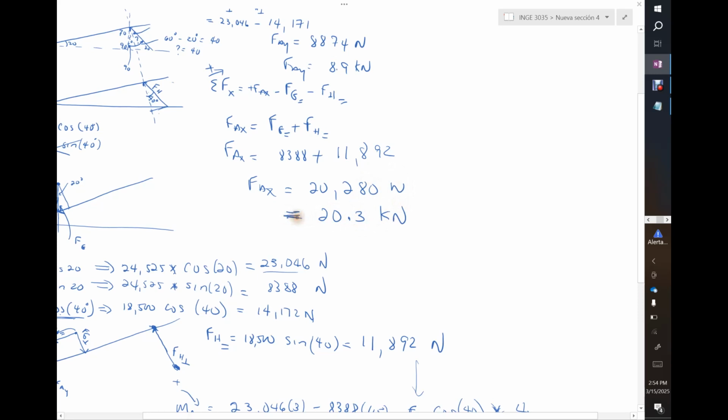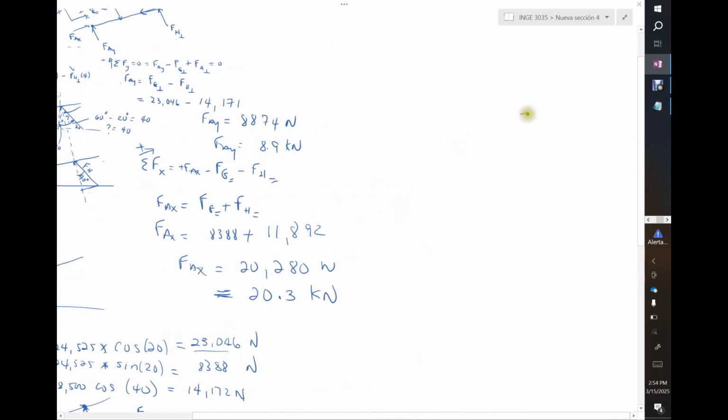All right, so now let's throw the bar here to get this done. So this is the point. I have a force here and a force here, and the actual force is going up, not in that direction, but up, because this one is about 8.9 kilonewton, and this one here is about 20.3 kilonewton.